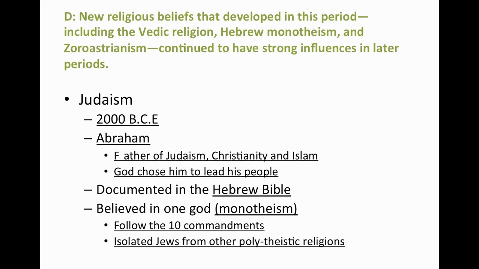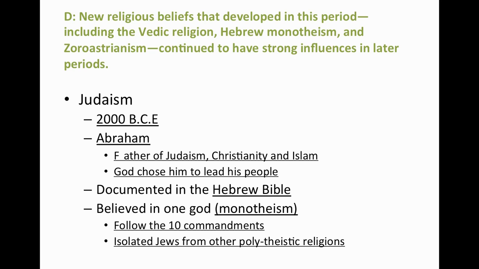So what was Judaism? It was founded by Abraham around 2000 BCE. He is believed to be the father of Islam and Christianity, and it was believed that God chose him to lead his people out of Mesopotamia, travel to the Mediterranean, and establish a Hebrew kingdom. His story is documented in the Hebrew Bible, and again, he is initiating the belief of monotheism, and that's a monumental change during this time period, right?